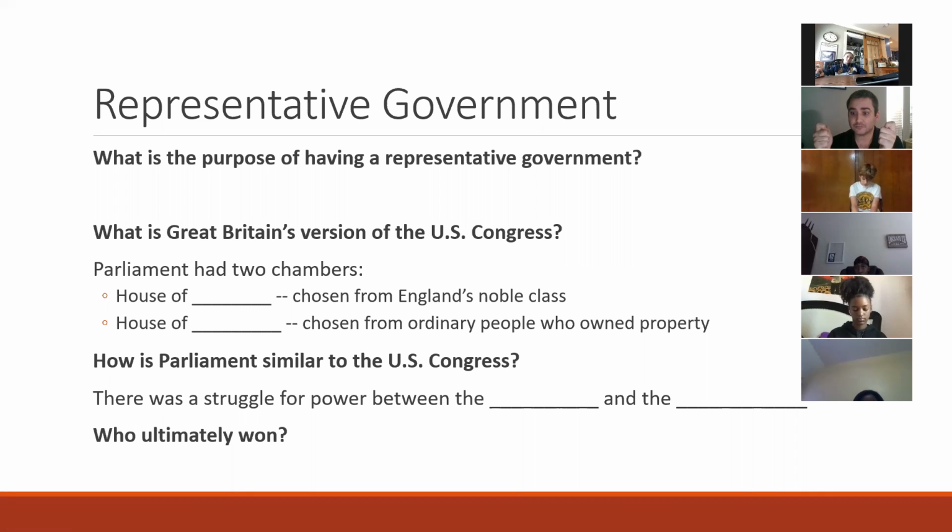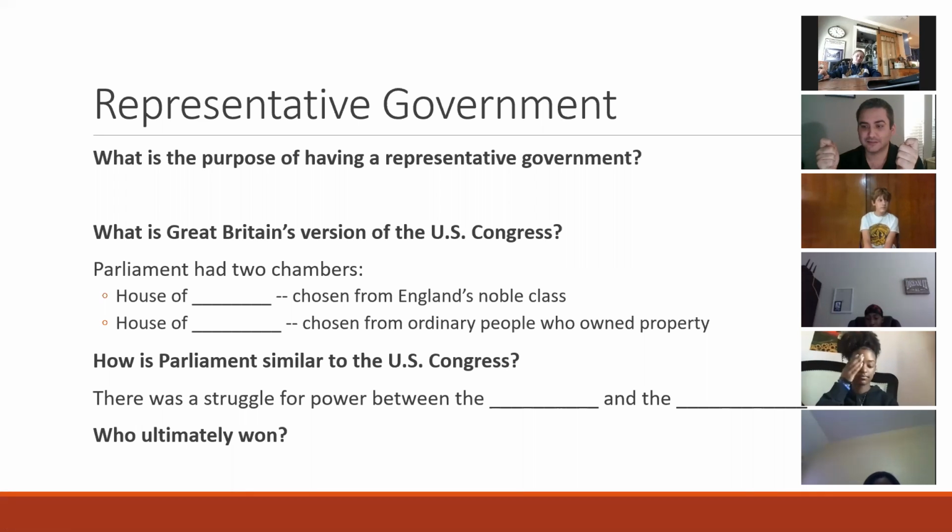The kings? Not the kings. Think about Parliament. Queen Elizabeth today, the royal family today. Do they hold much power in Britain? No, they're just a figurehead, right?